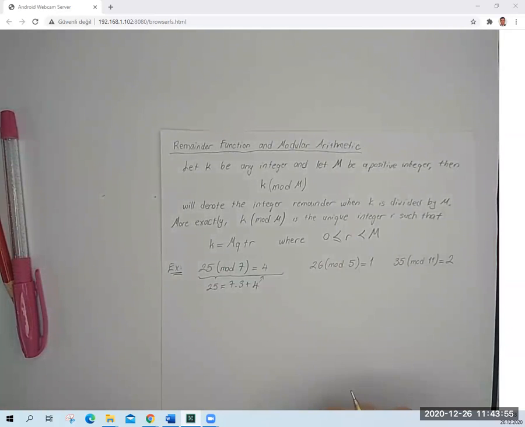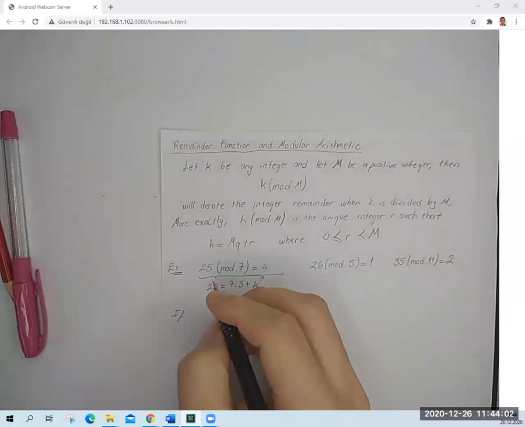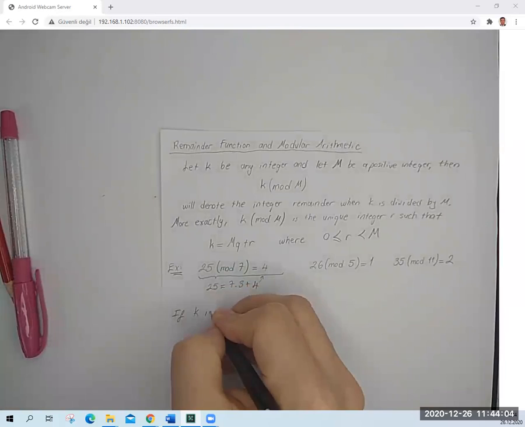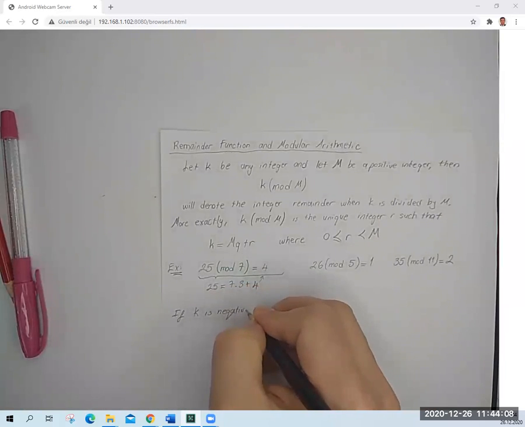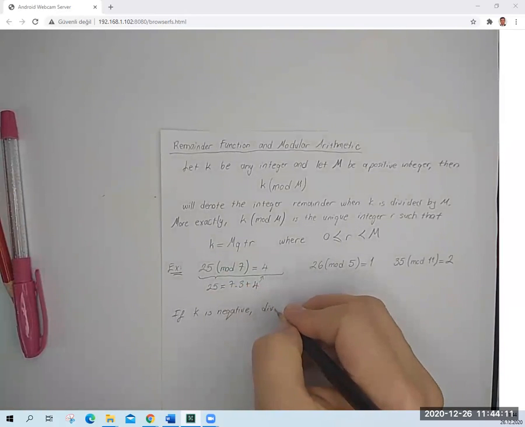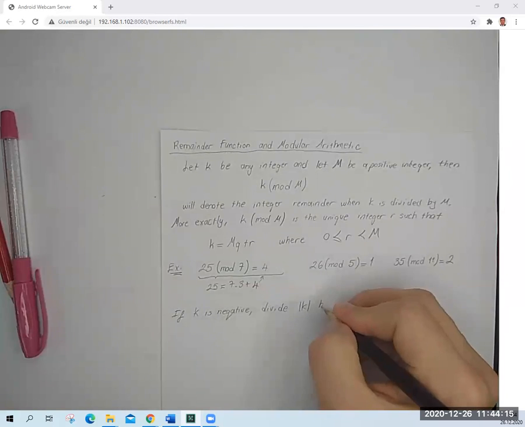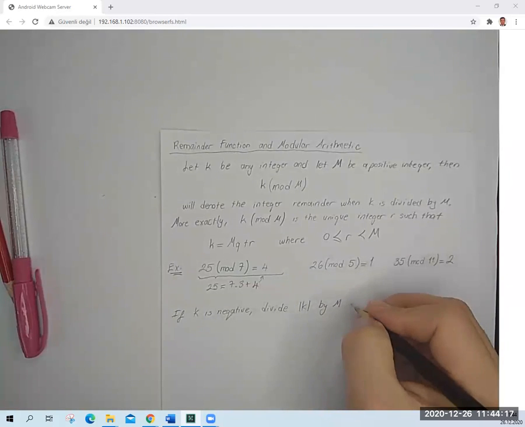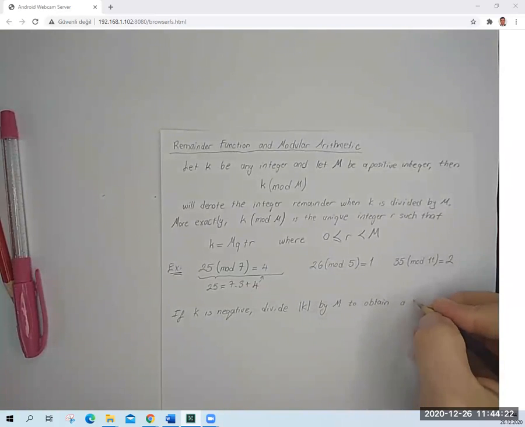And so on. Okay, there is the negative side. This is maybe a little bit strange for you. If k is negative, divide k by m to obtain a remainder r hat.